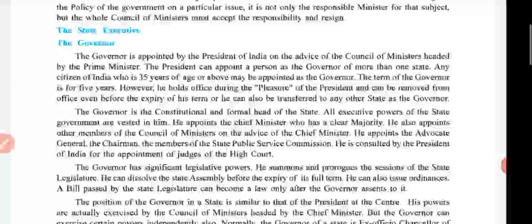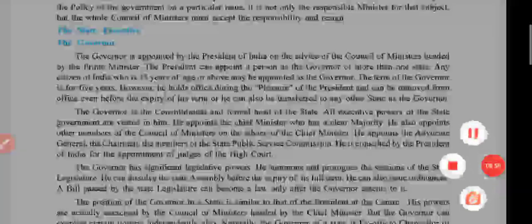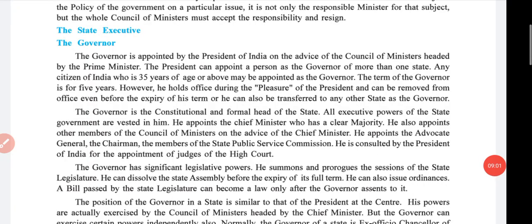So many members and heads at some levels are appointed by the governor, like the chief minister, other members of the council of ministers, the advocate general, and the chairman of the state public service commission.